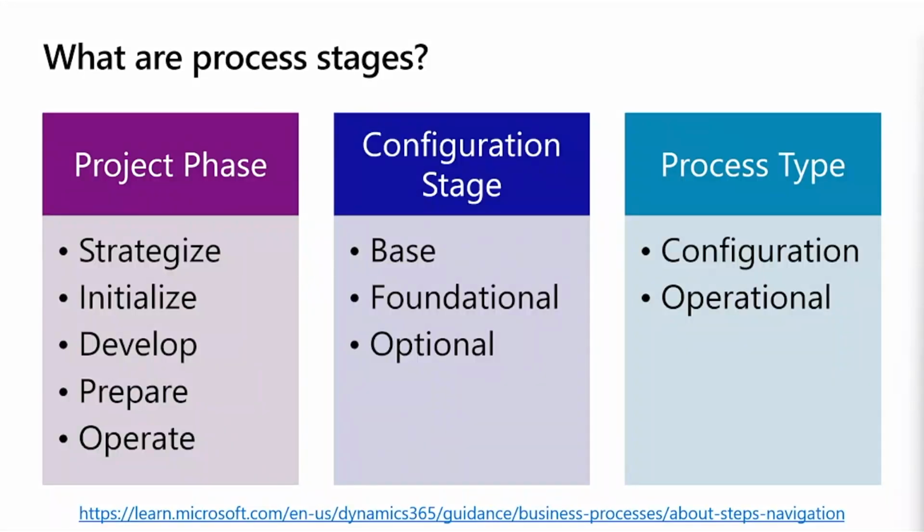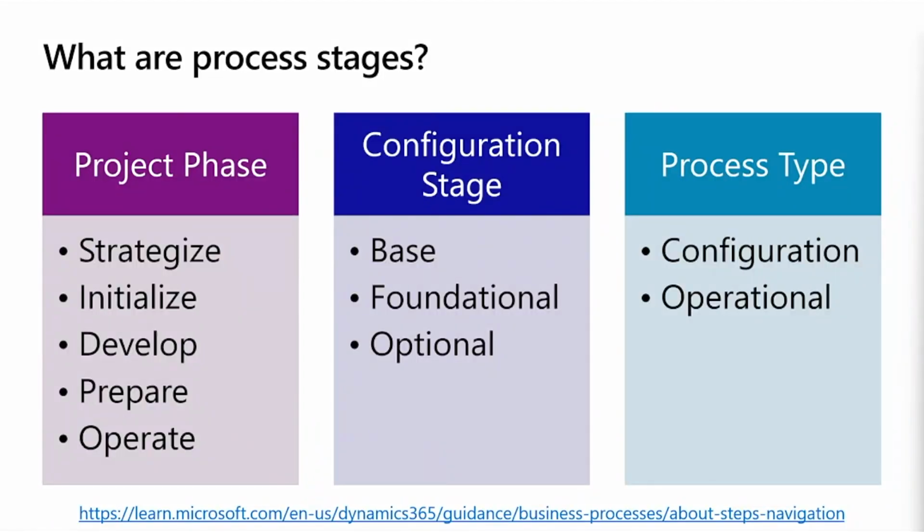The configuration stages indicate when or what type of configuration this is. Is it a base configuration, a foundational configuration, or optional? The article with the link at the bottom of the page here has more information about these definitions, but basically base means it's required to operate the system, it's mandatory, you have to have it.